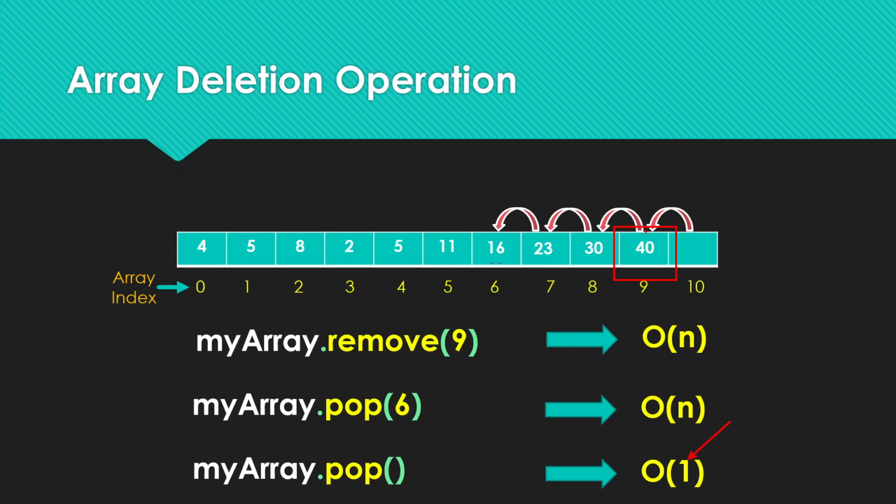And number 2, we can calculate the item at the last index, and that is also an O of 1 operation. So we don't need to do a linear search for the last item because Python keeps that particular value, and that is an O of 1 operation. So using the pop without passing it an index will simply delete the last item in the array.